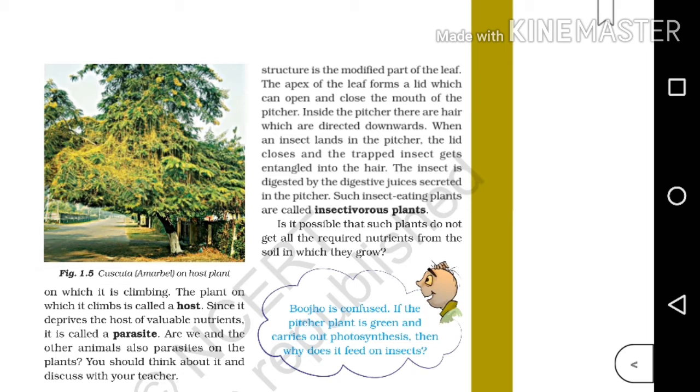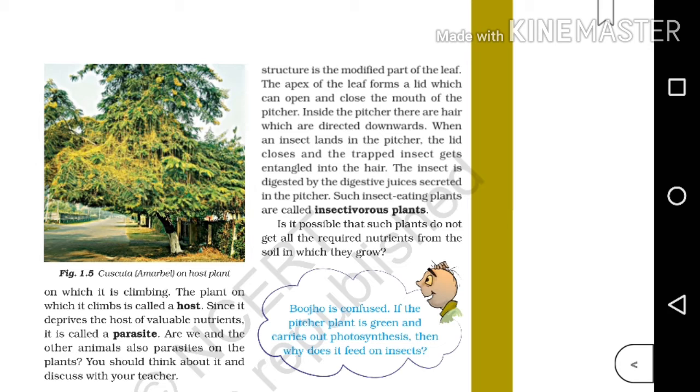These insect-eating plants are called insectivorous plants. So what do we mean by insectivorous plants? Yes, the plants that eat insects are known as insectivorous plants. And we can give an example. Yes, what's the example? Pitcher plant. Yes, pitcher plant is the example of an insectivorous plant.